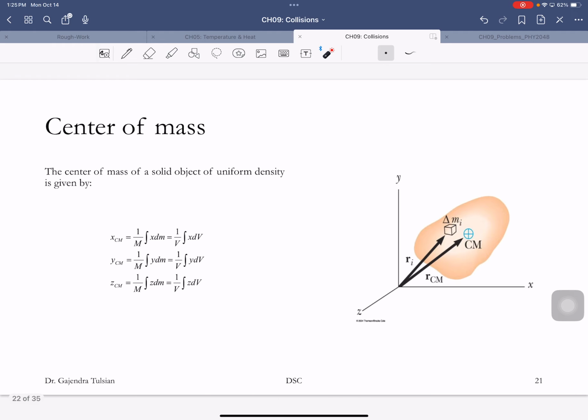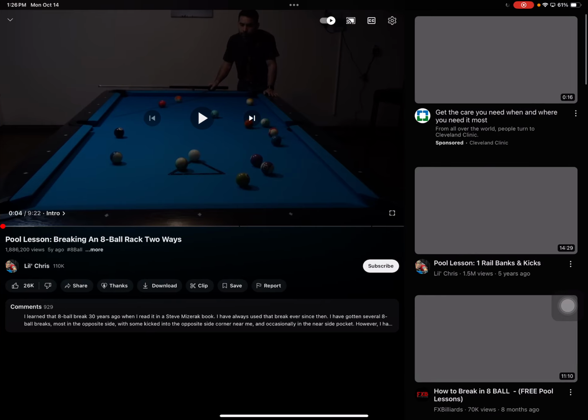So what you do is break up the object into little chunks. Here's the mass of the little chunk. And then you do this three-dimensional integral. And of course, for regularly shaped objects with uniform density, the center of mass is at the geometric center. Anyway, so you would do that triple integral.